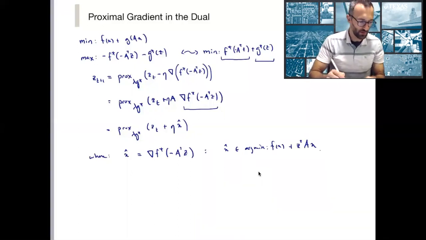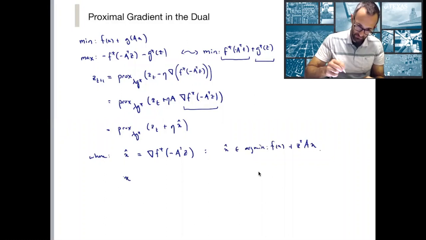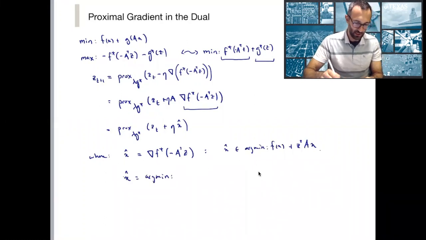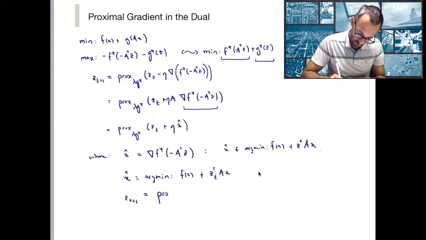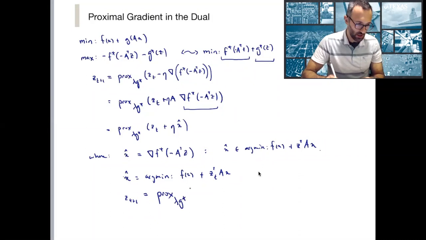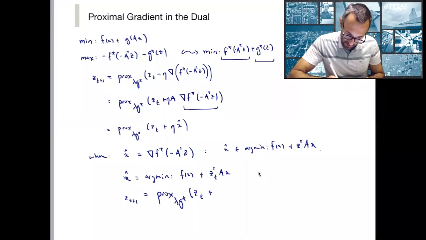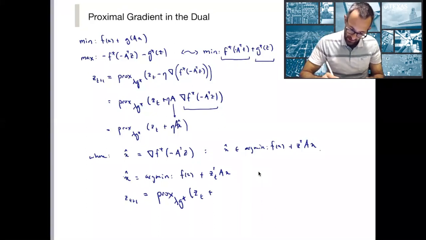Just summarizing what's above, x hat is equal to argmin of f of x plus z t transpose Ax, and then z t plus 1 is equal to prox with respect to g star of z t plus, I'm sorry, I forgot the A, of course, has to come down here: z t plus eta times A x hat.